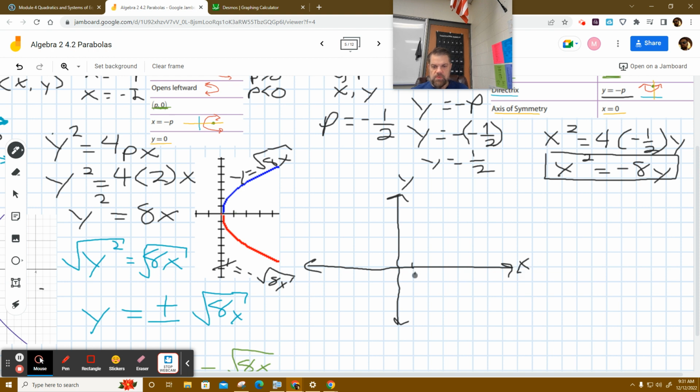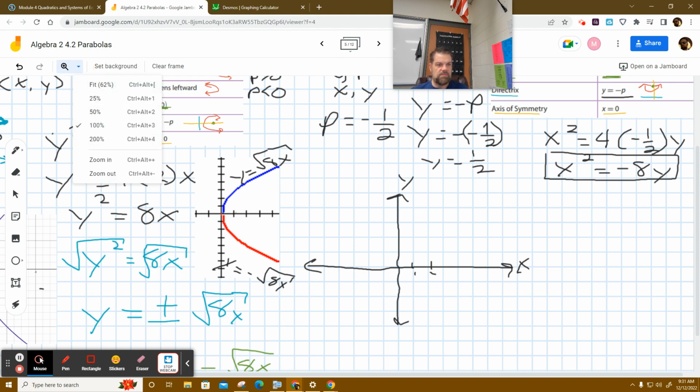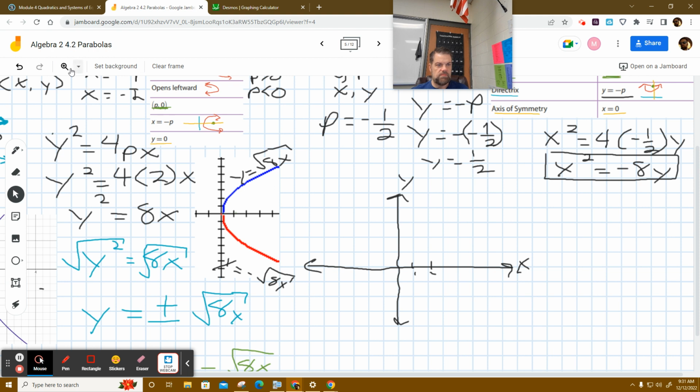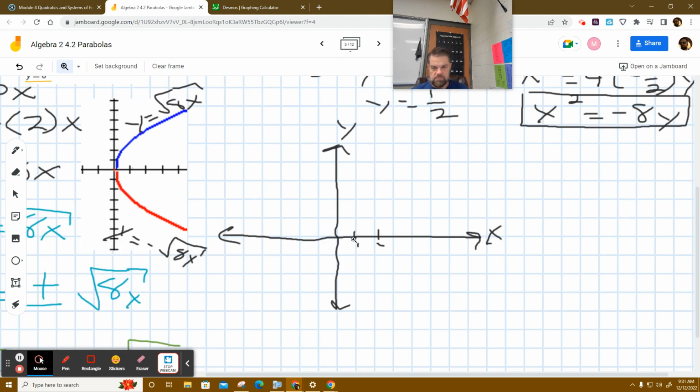And we'll think of this as 1, this as 2, and I'm going to zoom in a little bit because I tend to write big. And this would be 3, 4, 5, this would be 1, 2. We'll call this negative 1, negative 2.